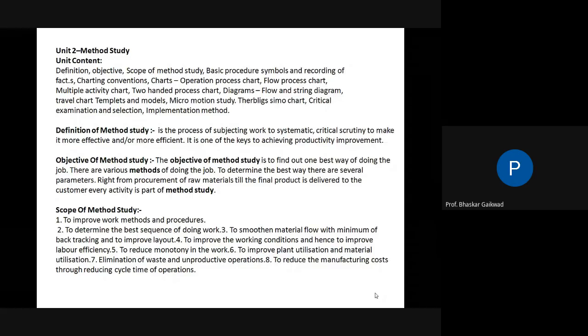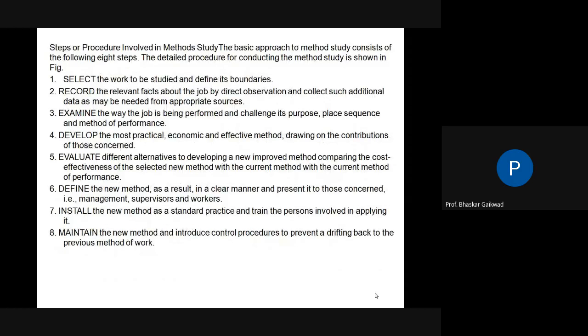Okay, then the next thing, steps or procedures involved in method study. The basic approach to method study consists of the following 8 steps. The detailed procedure for conducting method study is shown in figures. So here, our first figure related to work study I have already given.